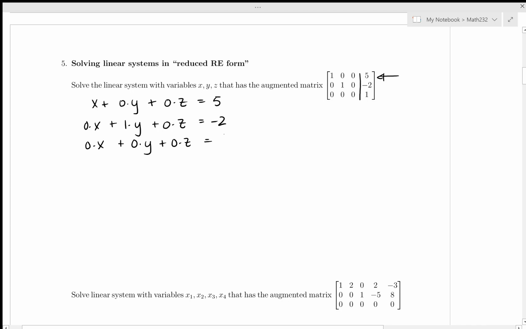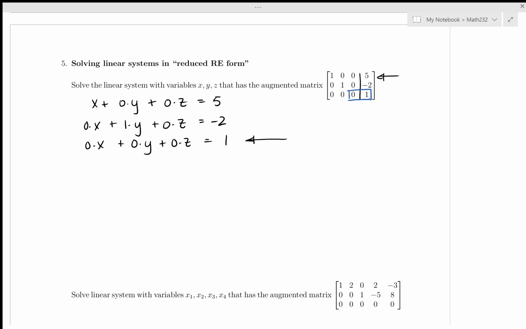Okay, so immediately I see a problem right here, and I will notice this problem whenever I see this at the bottom. This is telling me I take 0 and multiply by any number x, and I take 0 and multiply, and somehow that is supposed to come out to 1. That's not going to be possible.